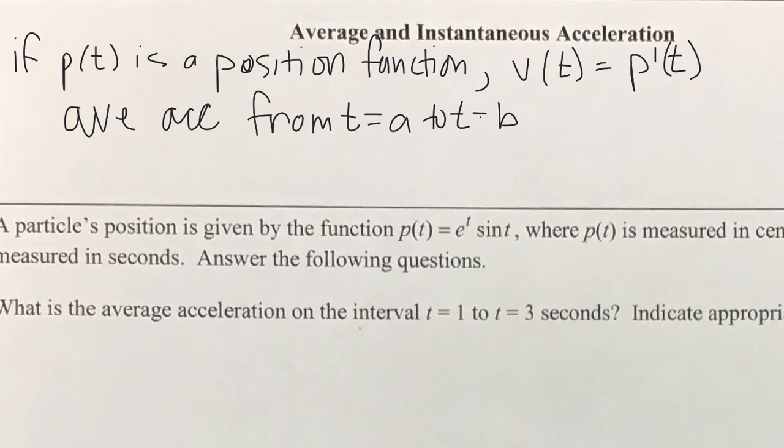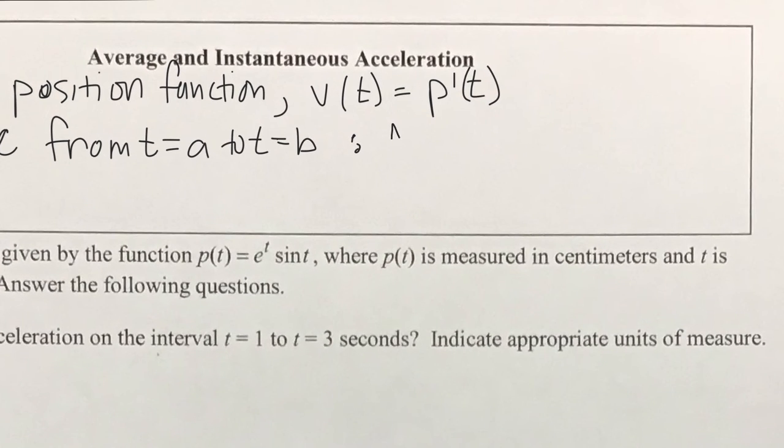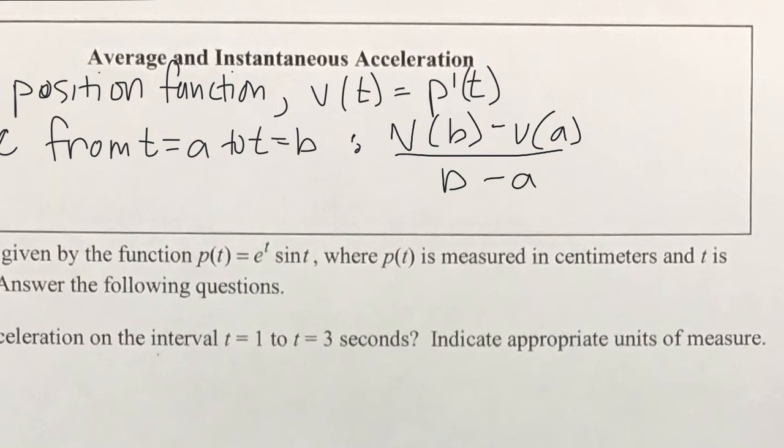is once again going to be given to you by a slope formula. That would be the velocity at b minus the velocity at a over time b minus time a. So very similar to our velocity formula, but velocity comes from position, where acceleration comes from velocity. Remember, velocity is the first derivative of your position function.